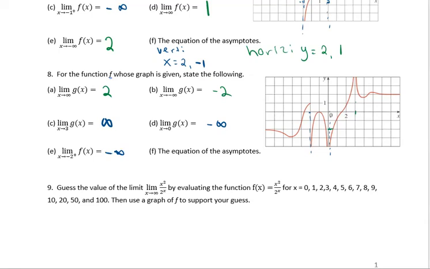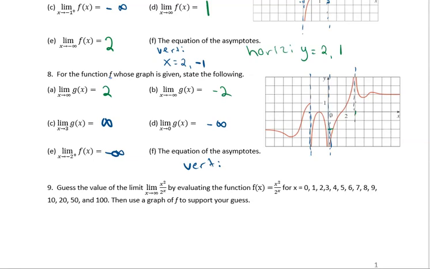So now we need to see if we can find our vertical and our horizontal asymptotes. So our vertical asymptotes are going to be where we have these vertical tangents, where we're approaching infinity and negative infinity. So it looks like we have 3 of them.